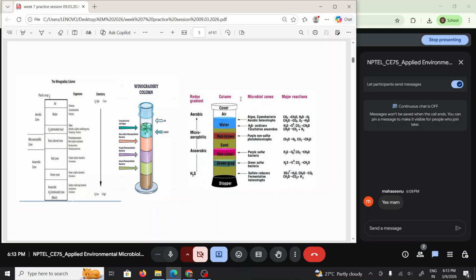Or the aerobic zone. Okay, so this is typically a Vinogradsky column.